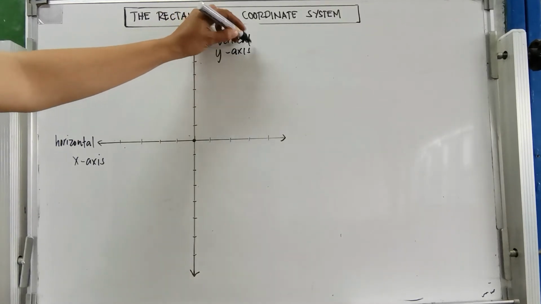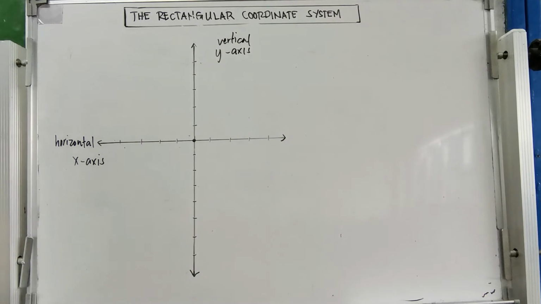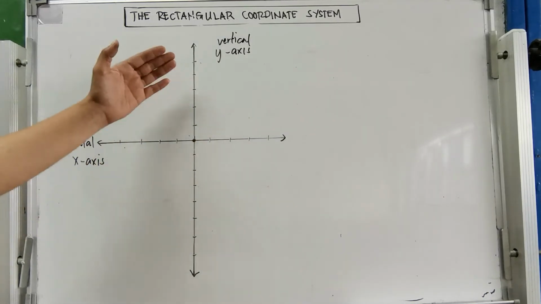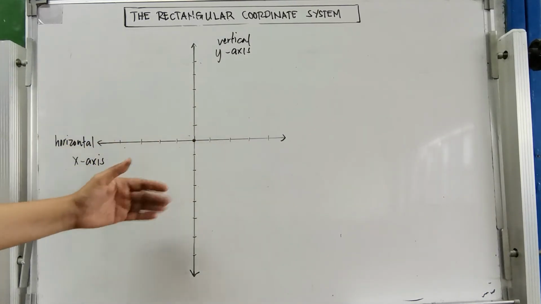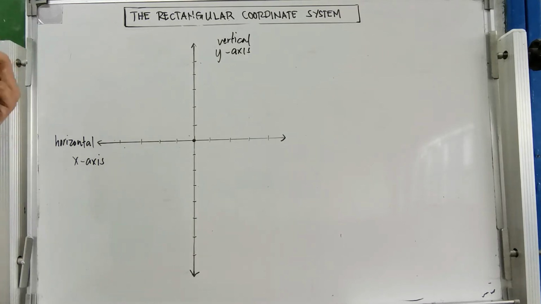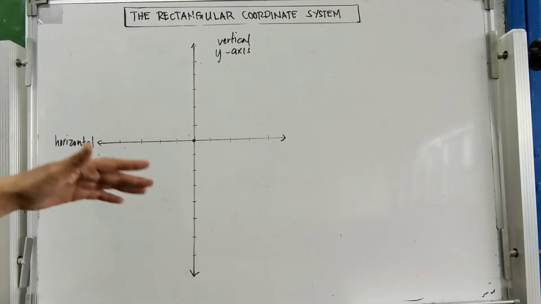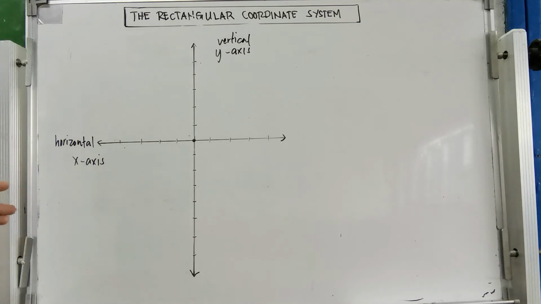or the vertical line. Take note that since these lines are number lines, ibig sabihin, it is made up of two numbers, positive and negative. So, i-identify muna natin dito sa x-axis, alin ba dito yung mga positive number. Sa right side niyan, meron tayong mga positive numbers.